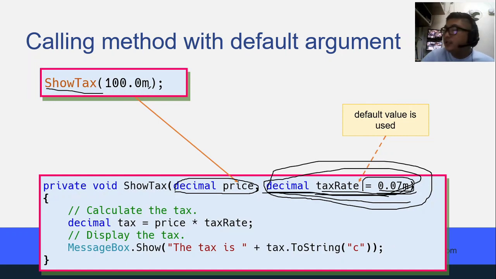As you can see, when I call the show tax, nagpasa ako ng 100, papasok yun sa price. Yung second argument is none, therefore, automatic tax rate is 0.07 decimal, something like that.